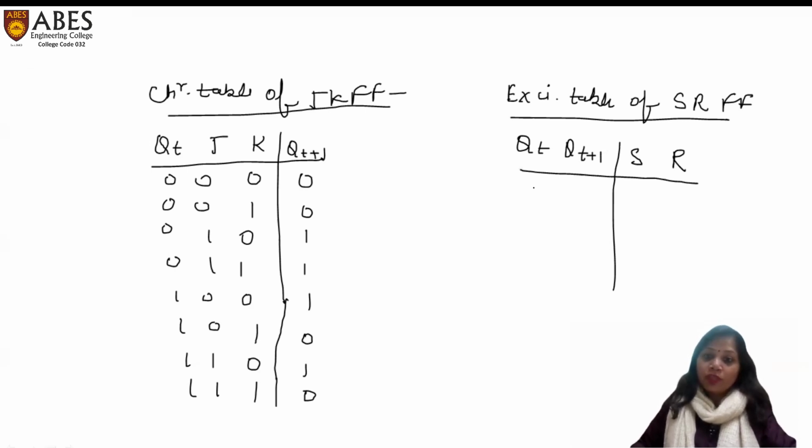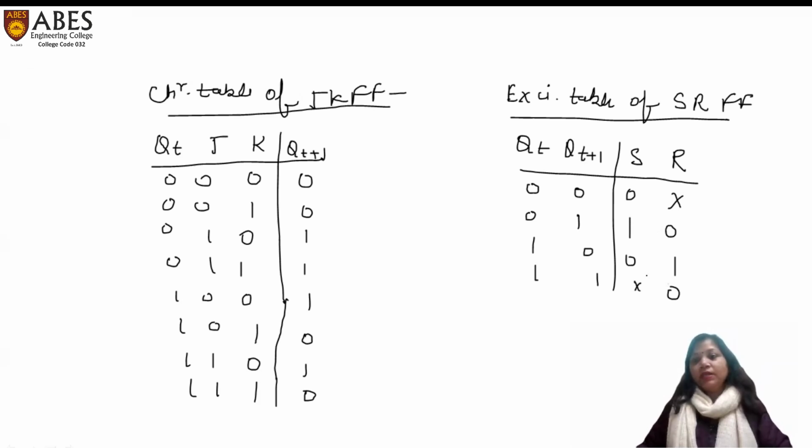For the two inputs Qt and Qt plus 1, we have four combinations: 00, 01, 10, and 11. The excitation table for these is 0 don't care, 1 0, 0 1, and don't care 0. This is the excitation table of SR.